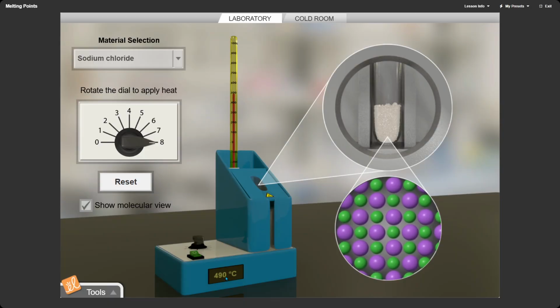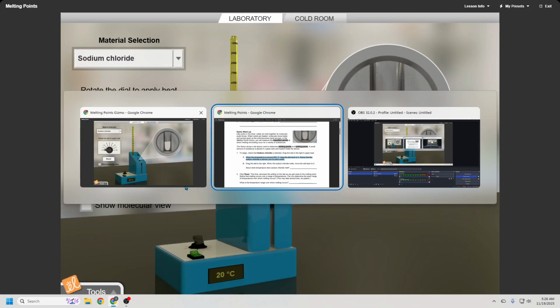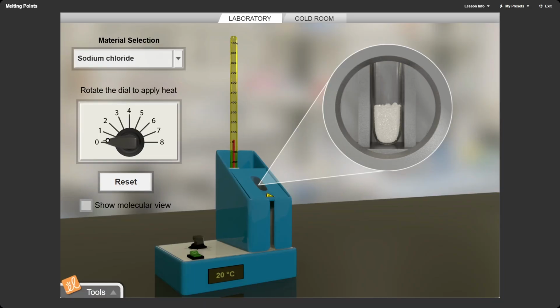And you're looking right here at the temperature. Alright. At 600, you want to put it back at 0. See if I can do that again. So we go all the way up. When you're getting close to around 500, you want to start slowing it down.